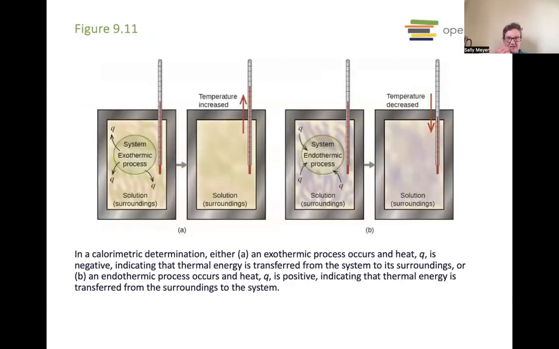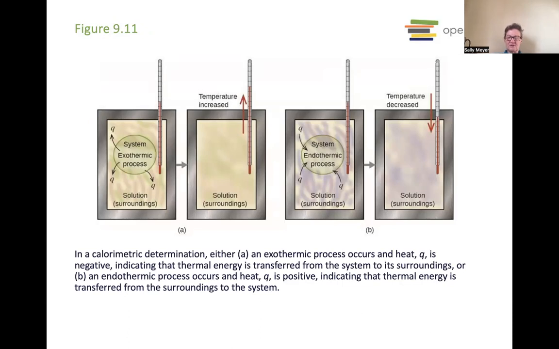So this is just a picture of what a calorimeter is. What a calorimeter really is, is just an insulated container. You could think of a thermos bottle as being a calorimeter. And if you have your reaction taking place inside that thermos bottle, then if you look on the far left, if the reaction gives off heat, the solution is going to absorb that heat.